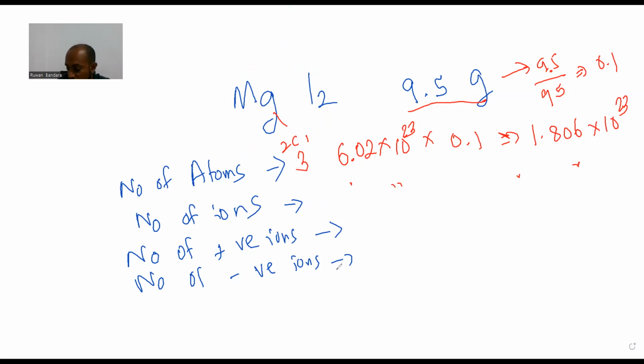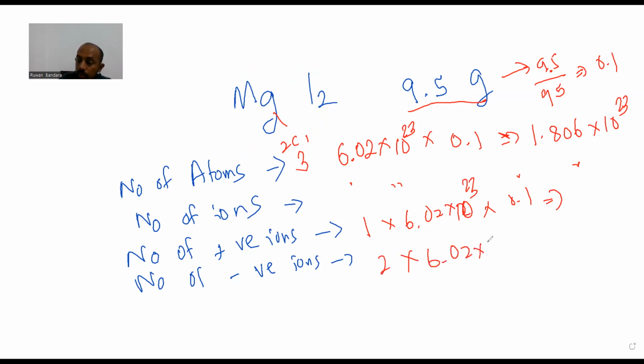How many positive ions? 1 positive ion and 2 negative ions. Is this clear? Yes.